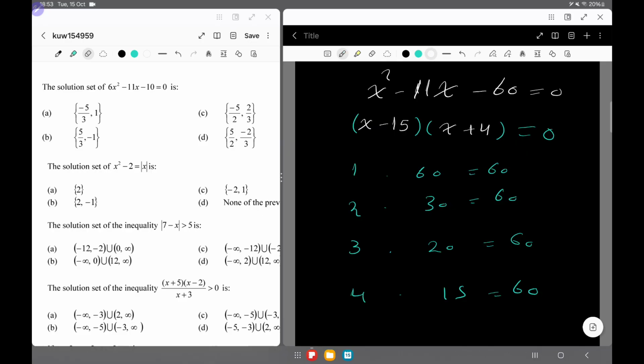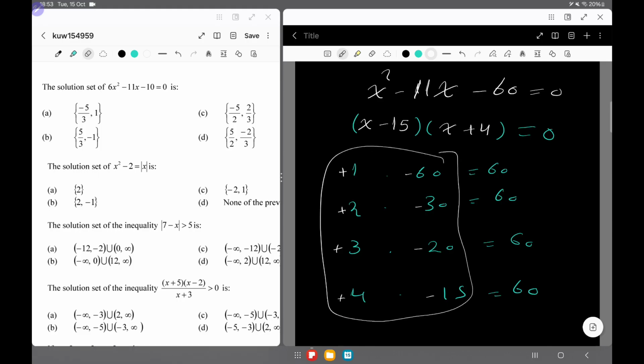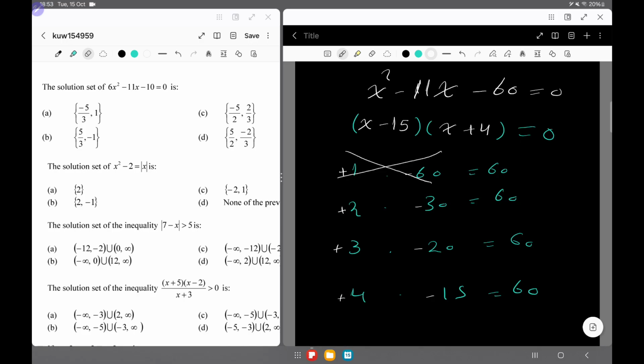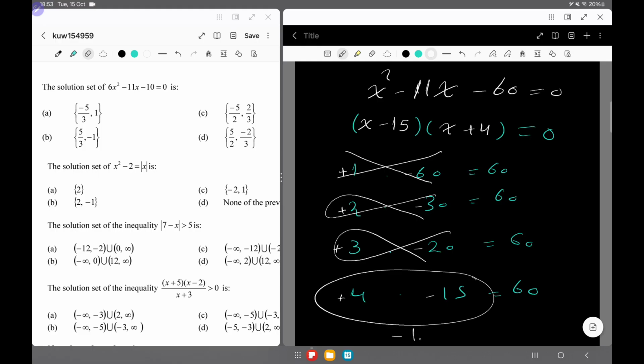So this is negative, okay? So one of them positive and the next negative. Which of these gave me negative 11? This is negative 59, this negative 28, negative 17, this is negative 11, okay?